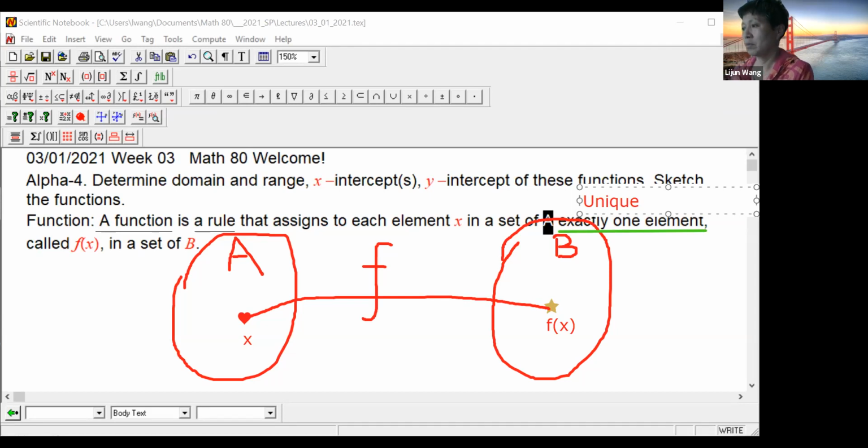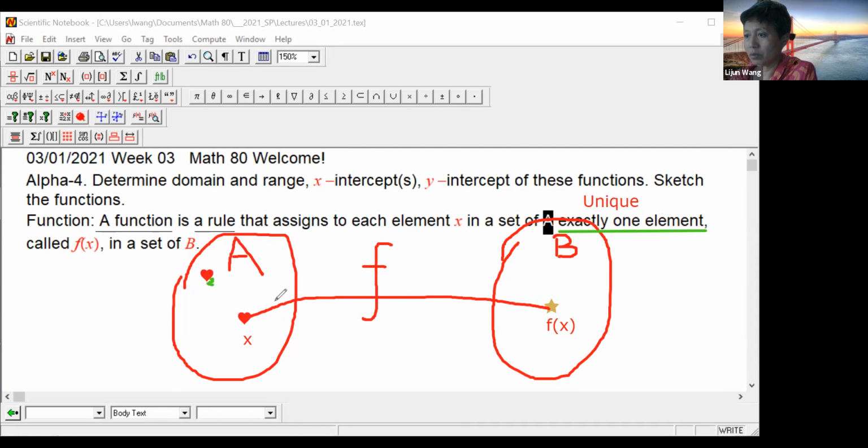Now, for each element X in the set of A, you may have many elements. Every element will have exactly one. For example, you have another element, say element number 2.